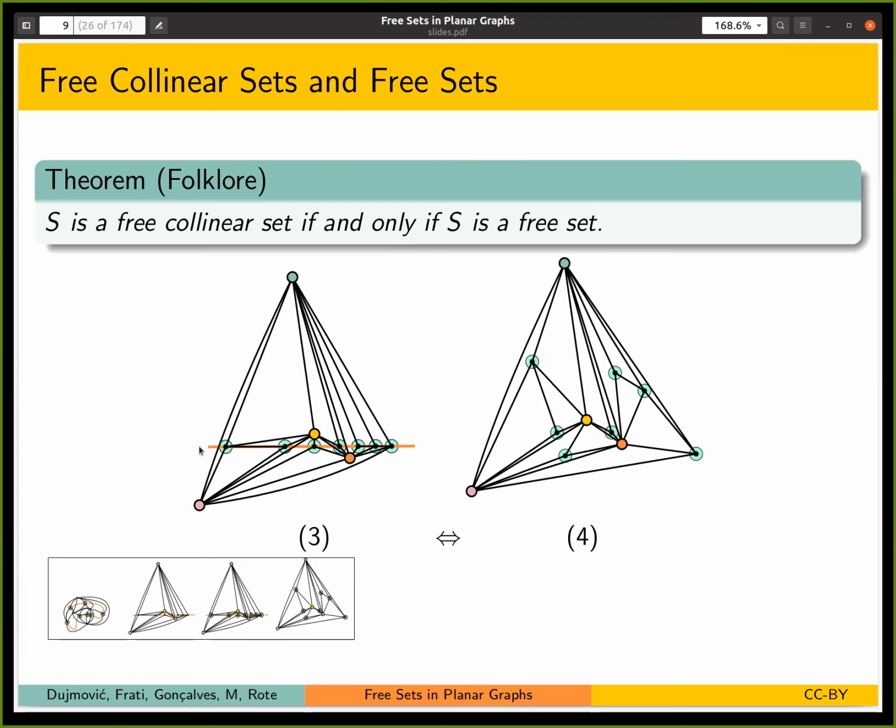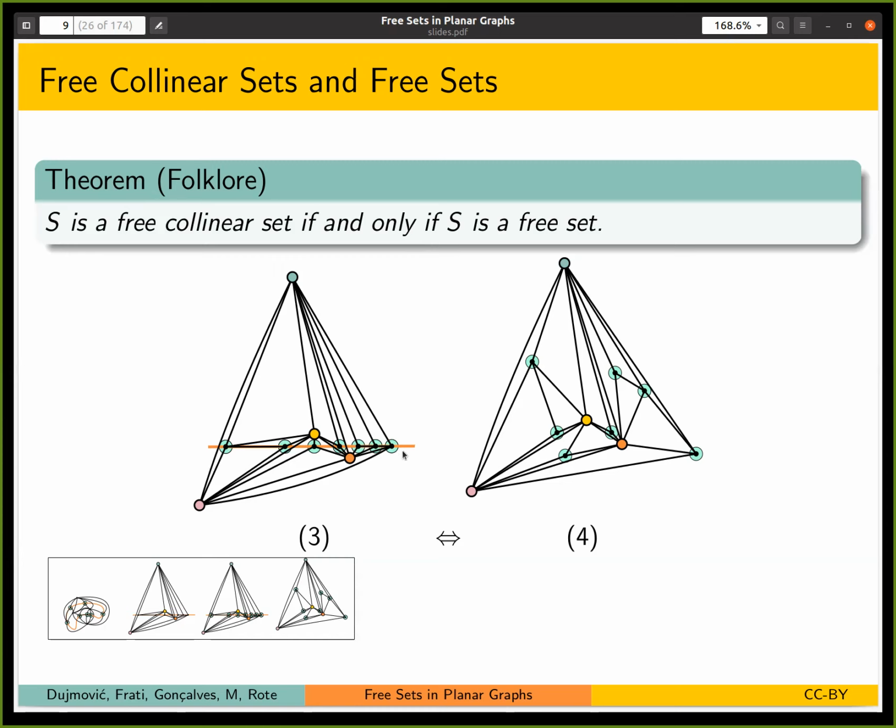So you give me the graph and the points where you want those vertices to be mapped. Just look at the x coordinates of those points and ask to draw them on a line with the correct x coordinates. Okay. And if this is a free collinear set, then you can do that. That's the definition of this thing. So I can get a drawing where all the x coordinates are correct and all of the vertices in my set lie on a line.